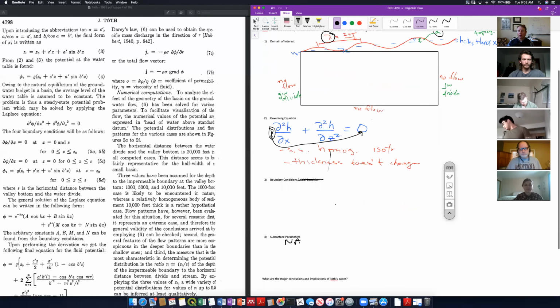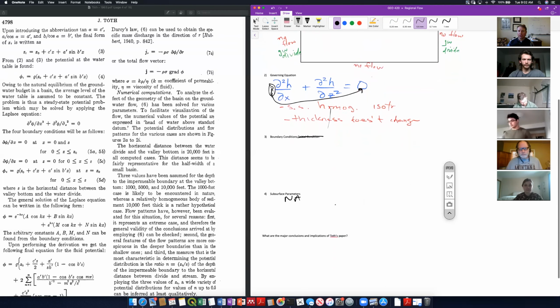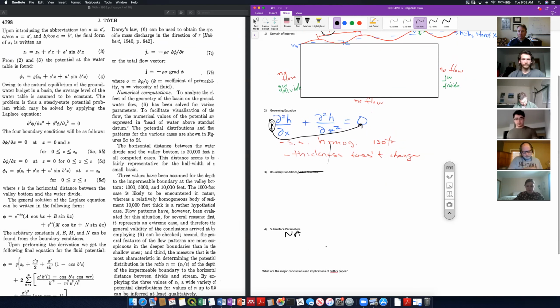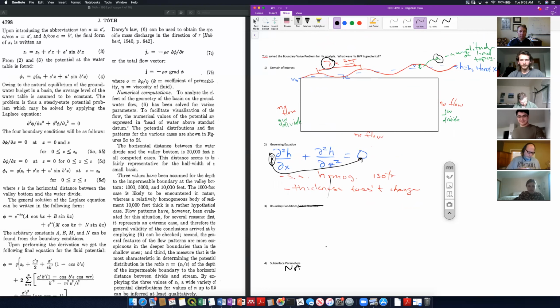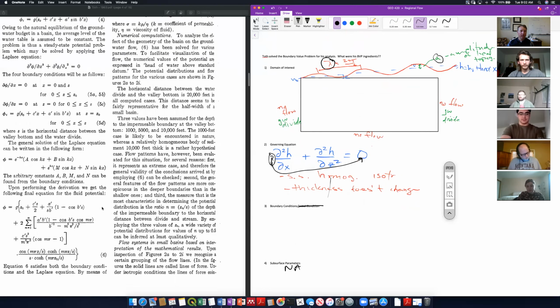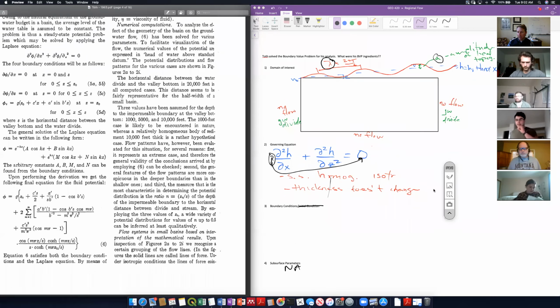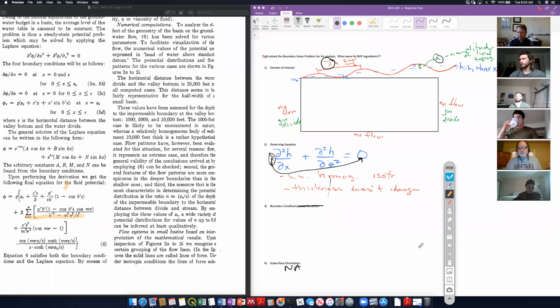Okay, so now I want to talk about the major conclusions and implications of Toth's results. First of all, this ugly equation that Mark talked about, equation 6, is his analytical solution.